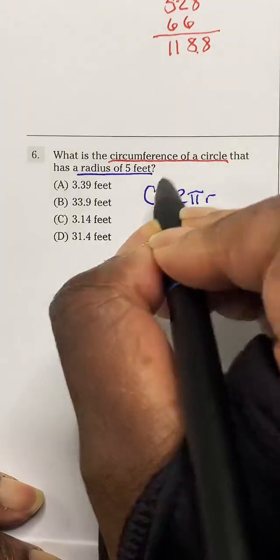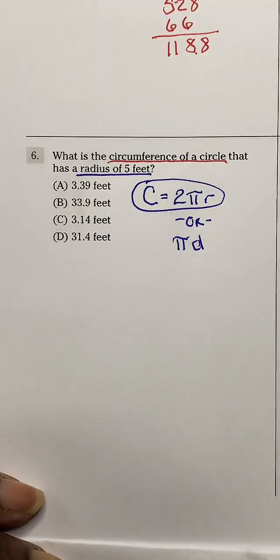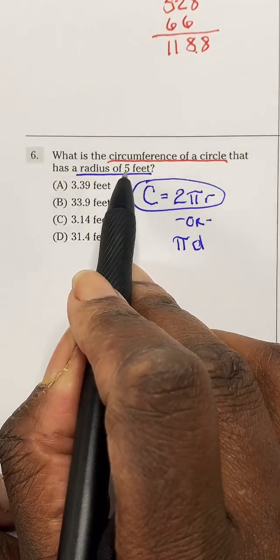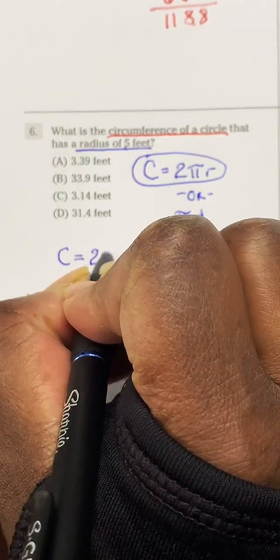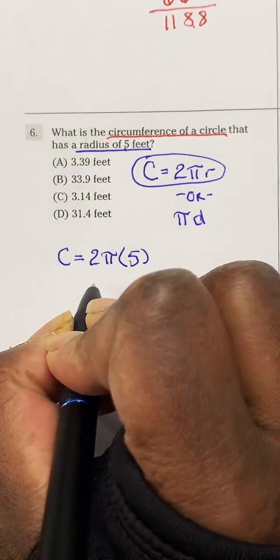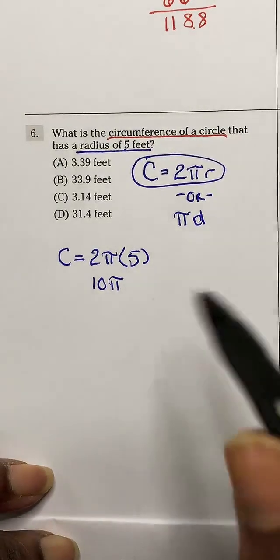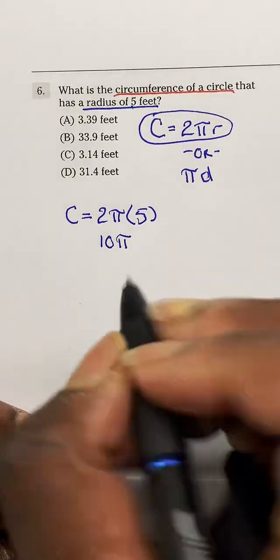So since they're giving me radius, I'm going to use that one. So if I'm going twice my radius, it's going to look like this. So I have my circumference, 2 pi, and my r is 5 feet. So that means 2 times 5, that will give me 10. So 10 pi.